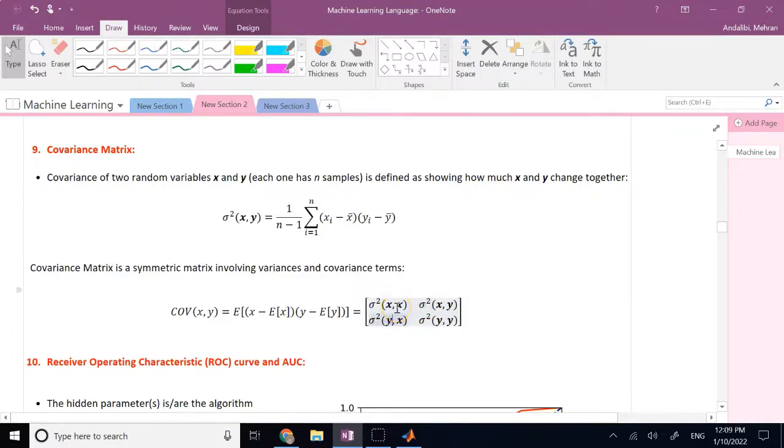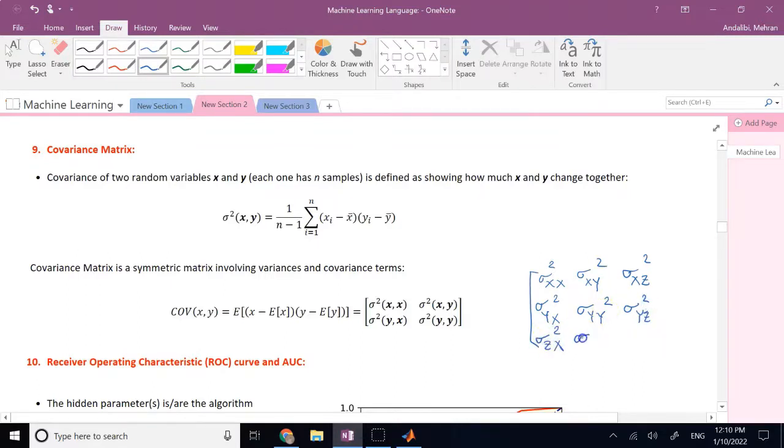So now if you have, in addition to X and Y, also a Z, this is going to be a 3 by 3 matrix, right? Here you will have sigma squared of X and X, then X and Y, then X and Z. Then here is going to be Y and X, which is the same as X and Y, then Y and Y, and Y and Z, and similarly ZX, ZY, and ZZ.